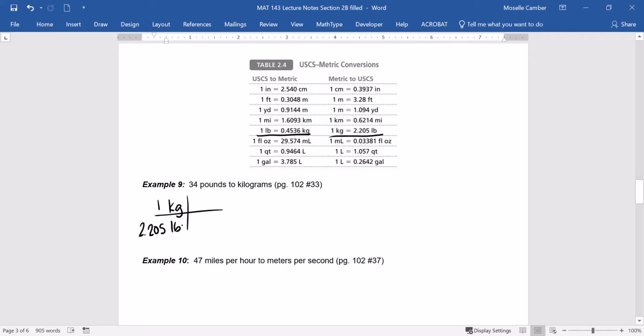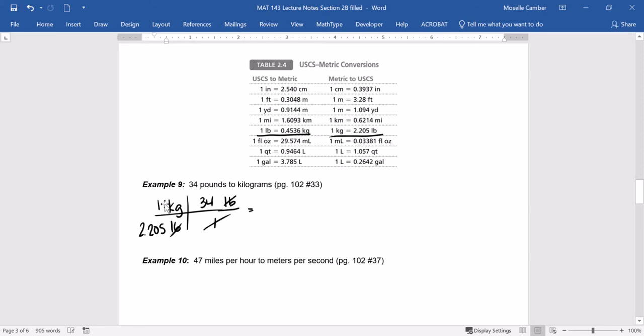And now I want kilograms, I don't want pounds, so I need something to put up here to cancel it out. And I have 34 pounds here. And nothing else with it, so I'm not going to put anything here. You can put a 1, or you can just cross it off, whichever one you're more comfortable with.